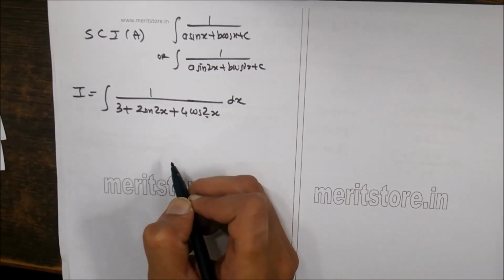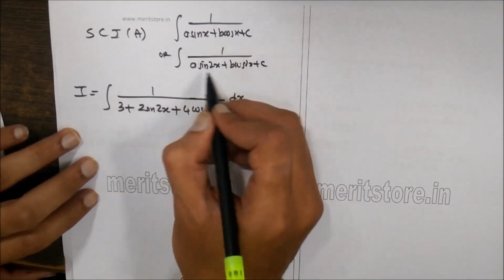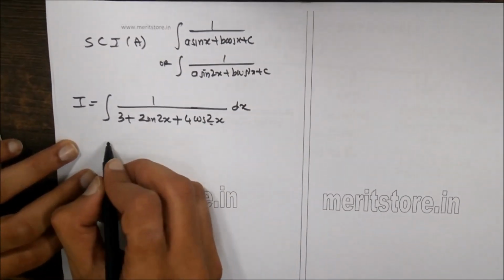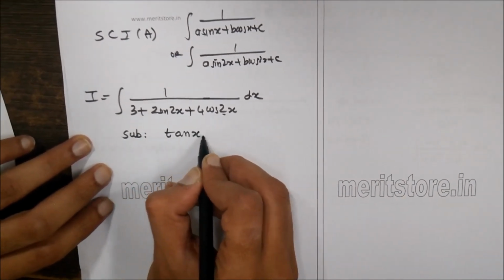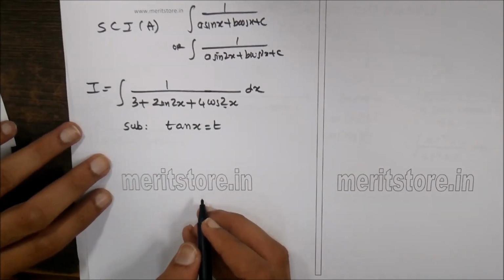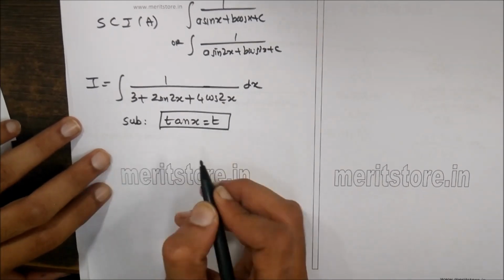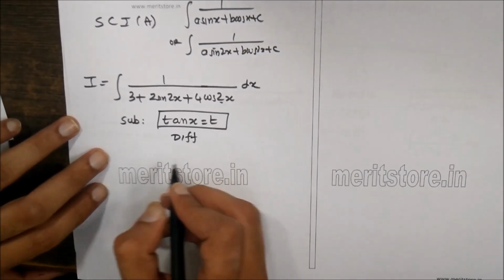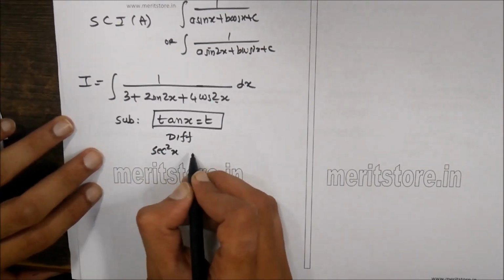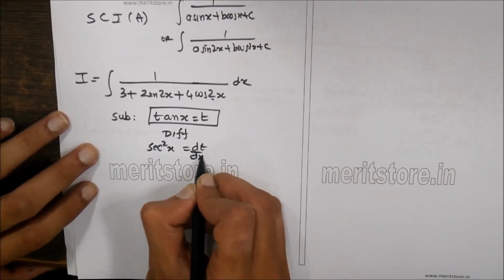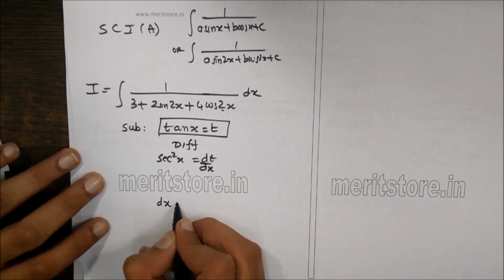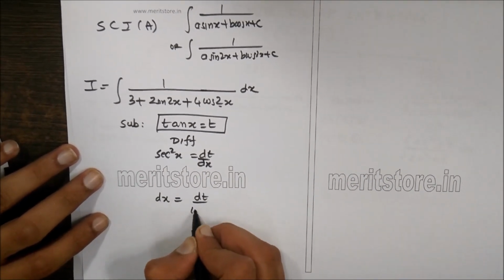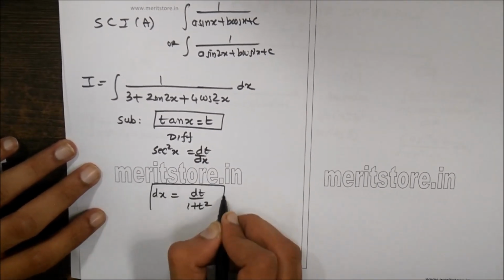Whenever you see a pattern of this kind, we start by substituting tan x equal to t, which when I differentiate gives sec square x equal to dt by dx. Using that unique substitution, dx is equal to dt upon 1 plus t square.